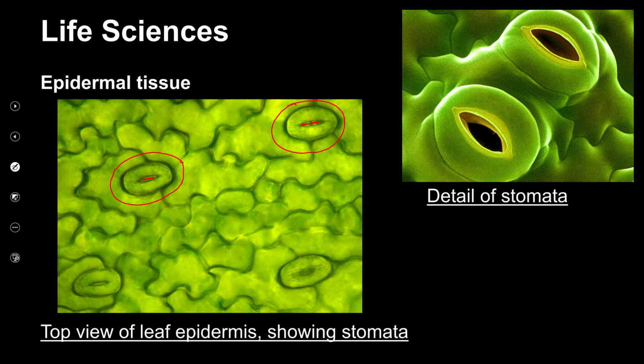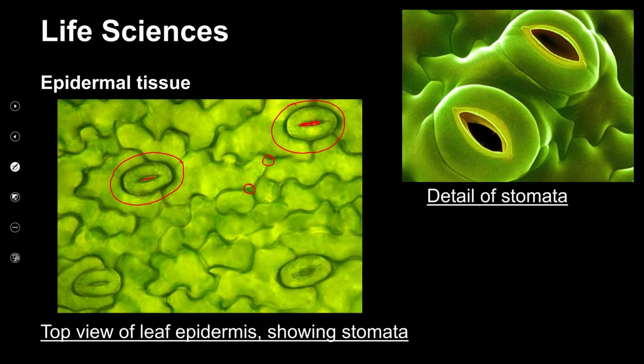Also notice that these epidermal cells are very, very closely packed, and there are no air spaces between them, because the only way air can get into the plant is through the stomata.